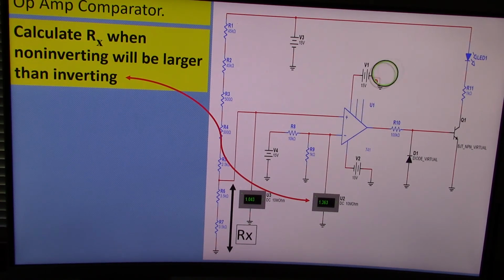The other way around, then this plus 15 volts will come out here. This diode will be reverse biased, there won't be any conduction, it will go into here, and this LED will turn on. And so this is a comparator circuit, so you can see different values here.